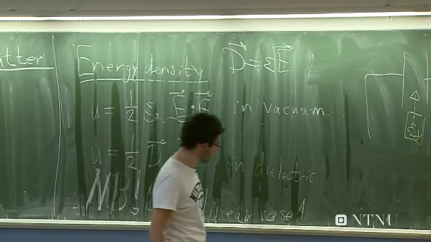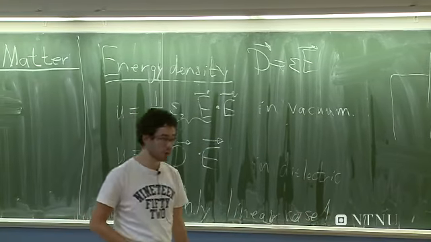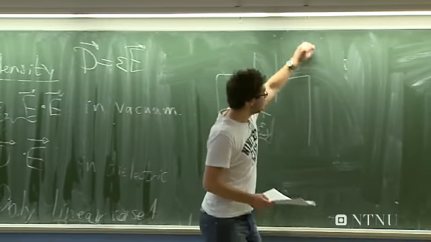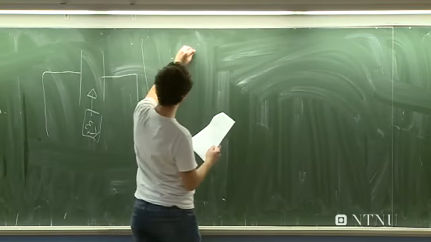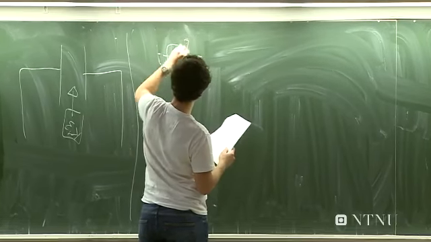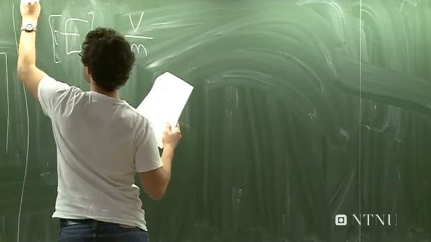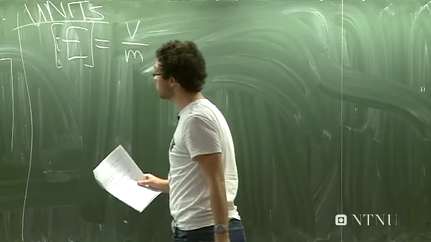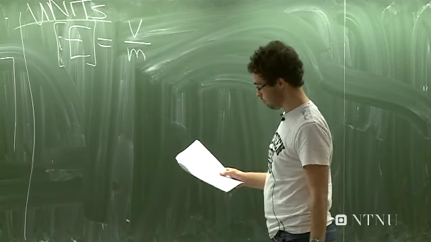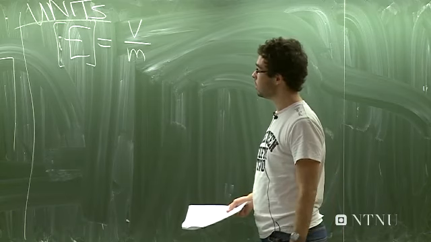And in case you haven't found out yet, I'm going to quote the units of all the quantities we've been looking at. Just as a brief summary. So typically we give the electric field as potential per length.